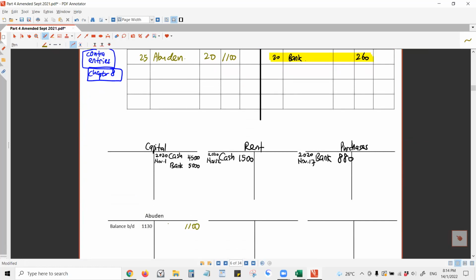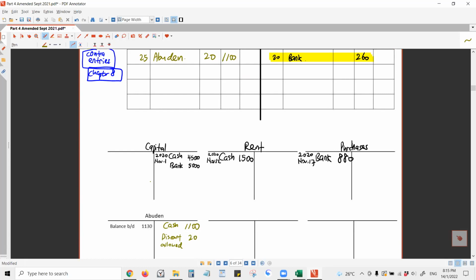Here write cash. Then the discount, you must also record. We must always record the cash discount of 20 here, because it makes Abu Dan owe us $20 less. Here write discount allowed.